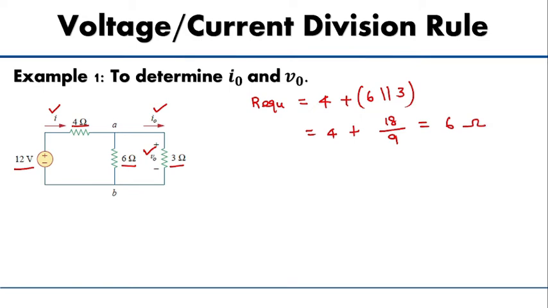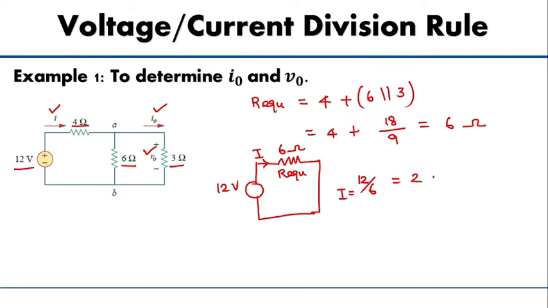Now in the circuit, we have a 12 volt supply and an equivalent resistance of 6 ohm. Therefore, the current I becomes 12 divided by 6, which gives you 2 ampere. Therefore, the total current is 2 ampere.